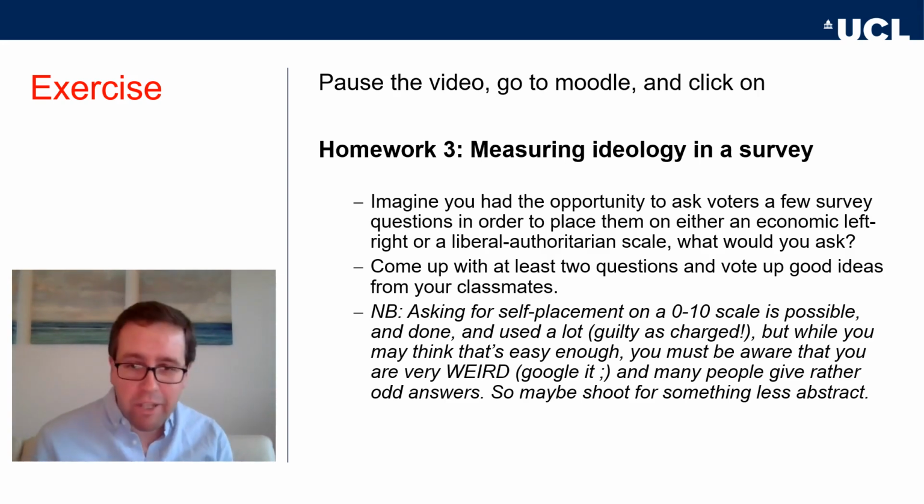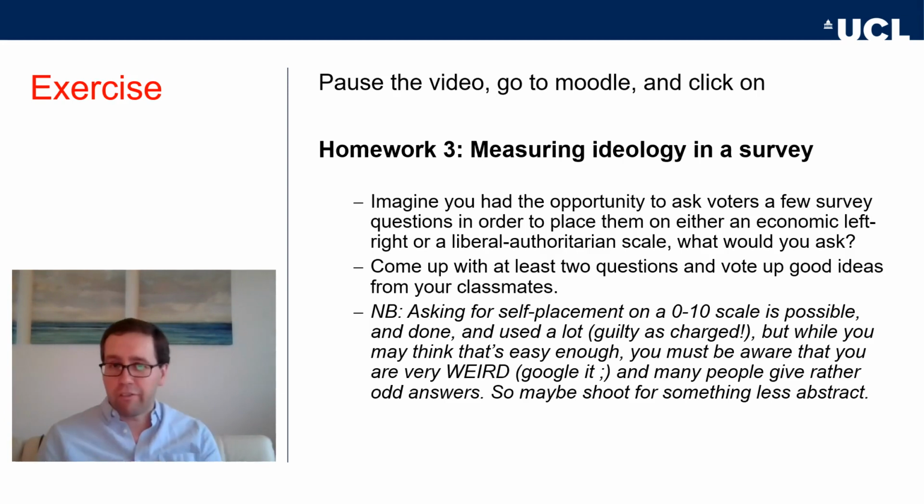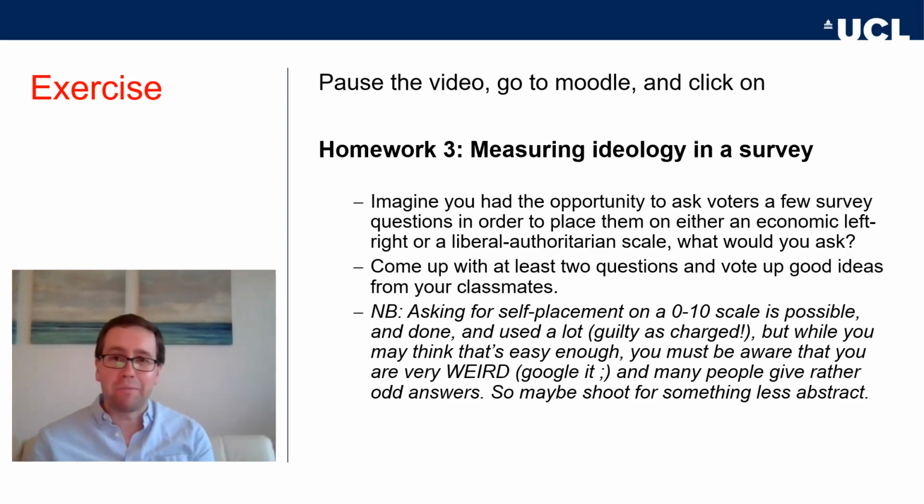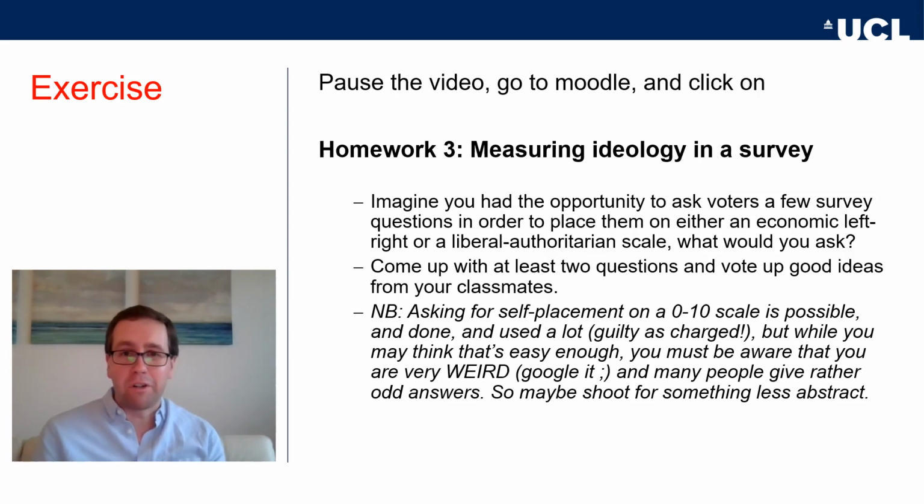Asking people for self-placement, where would you place yourself on a 0 to 10 scale, is definitely possible. It is done a lot. Many surveys contain these data, and it is used a lot. Guilty as charged here as well. But while you may think it is easy to self-place on an ideological scale, if you think about where the parties are, for example, and then locate yourself, it is not normal for most people.